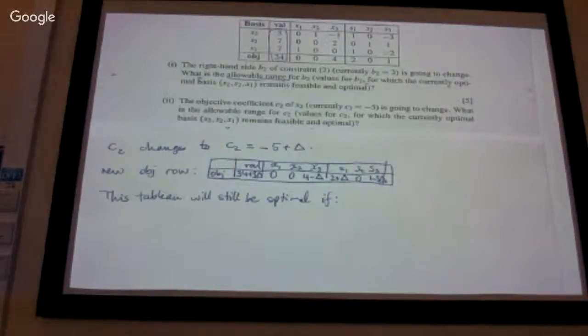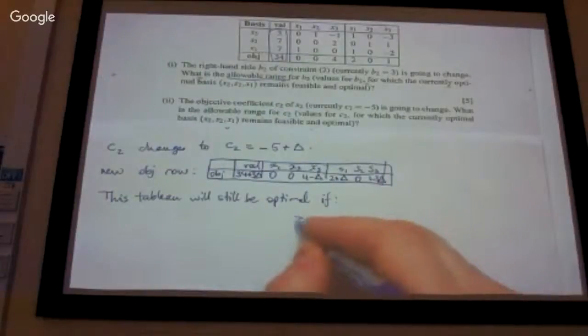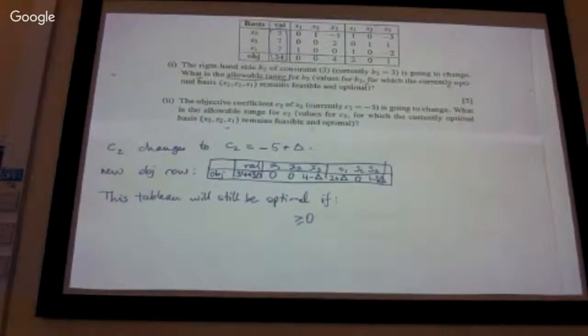So what are the conditions for this to be optimal? Then again, something is greater than or equal to 0, that I take as a good thing.